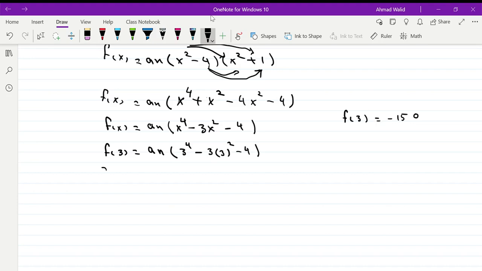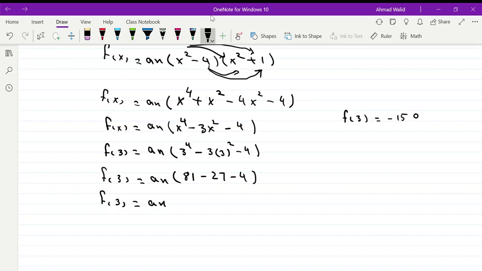Or I can say f of 3 equals a sub n times 3 to the power of 4 gives you 81. 3 squared is 9. 9 times 3 gives you 27, minus 4.